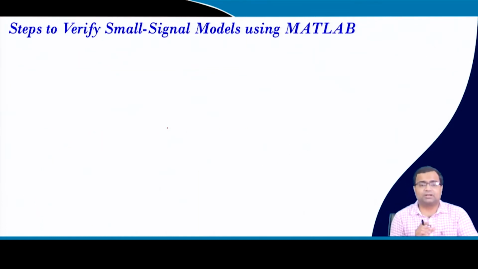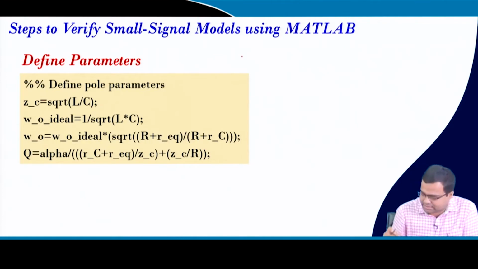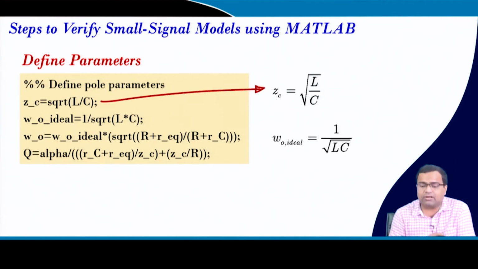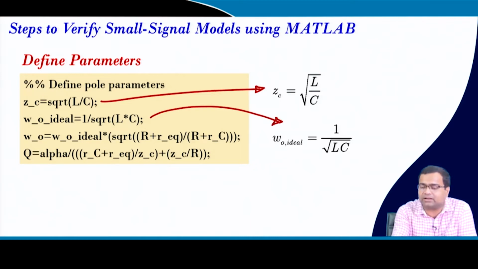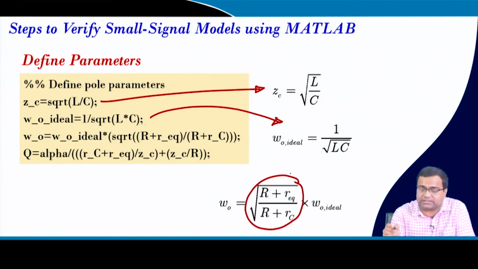Next, steps to verify small signal, the same thing we are going on. Define the pole parameter, because we have studied that ZC is square root of L by C, it is here. Then we have studied that for the ideal converter the natural frequency is 1 by square root of LC, but in the practical case we need to multiply by this factor, which we have also discussed.